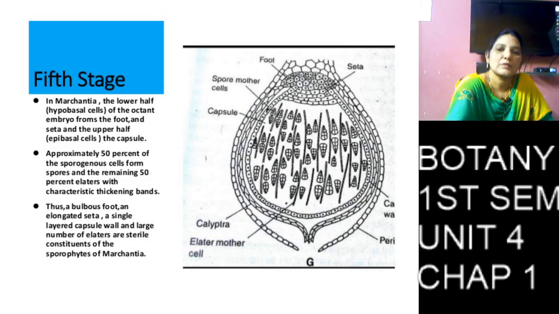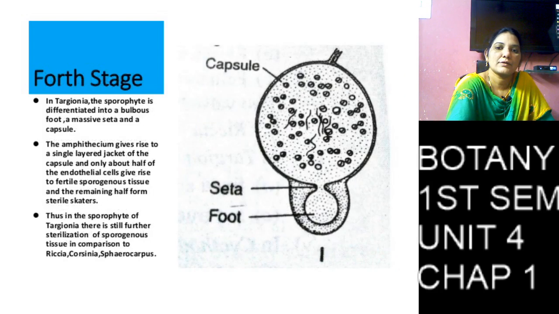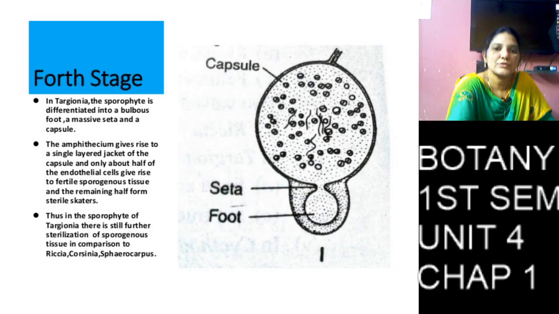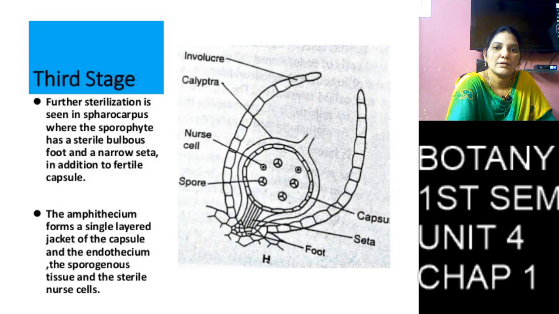So here the jacket cells are reduced. So here calyptra reduced and perianth leaves are reduced, so pseudo-elaters reduced. We can see Sphaerocarpus, perianth leaves reduced, pseudo-elaters also reduced.